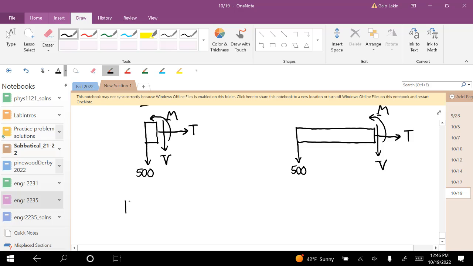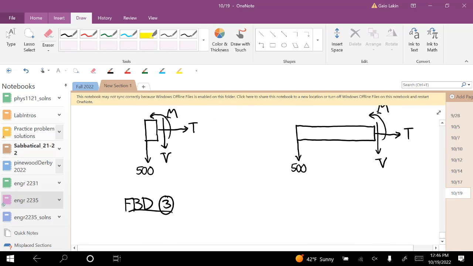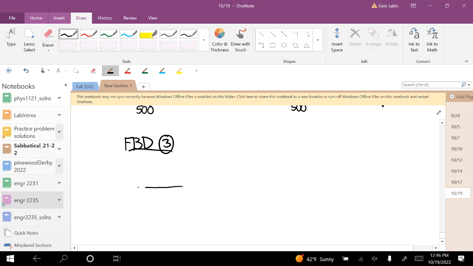And now free body diagram where the right end is at that 0.3, okay? So this is only 0.02 meters farther as a beam than the last one we did. Let's see.